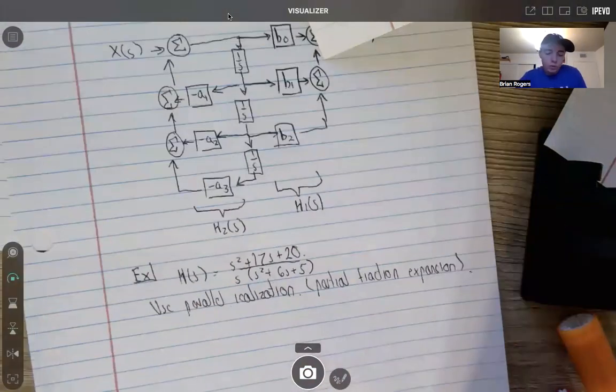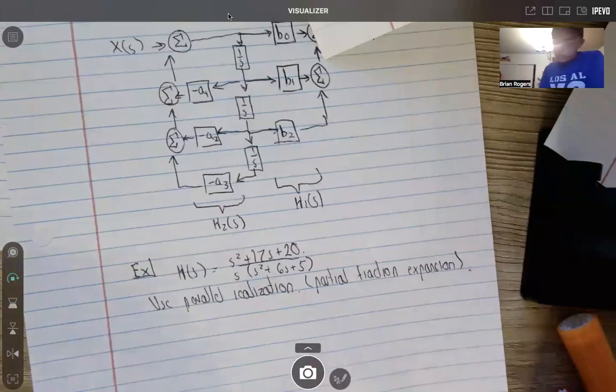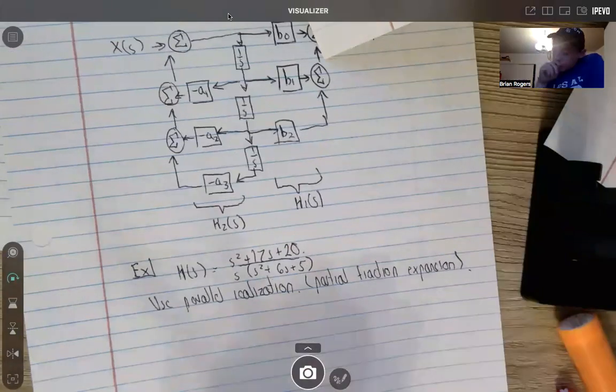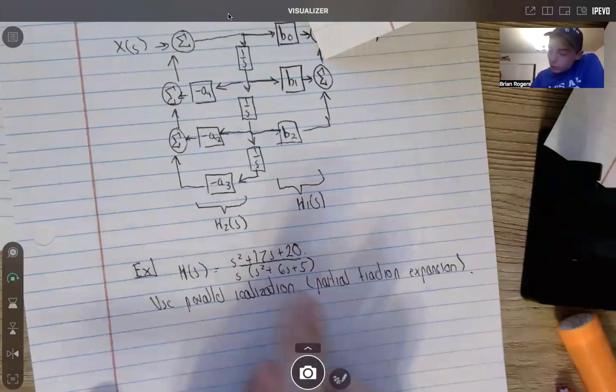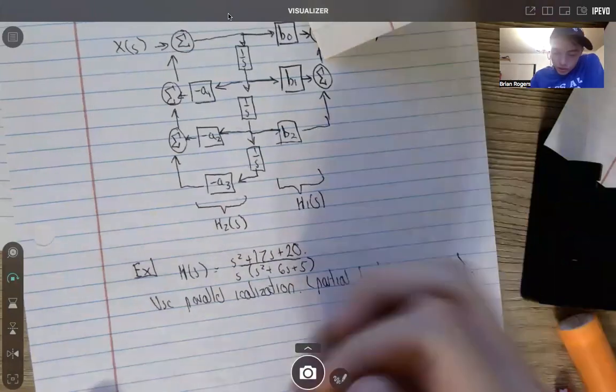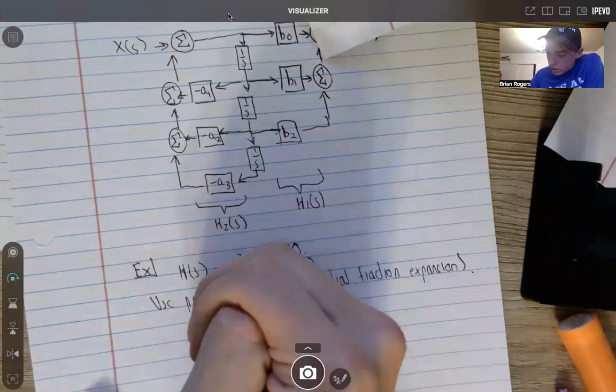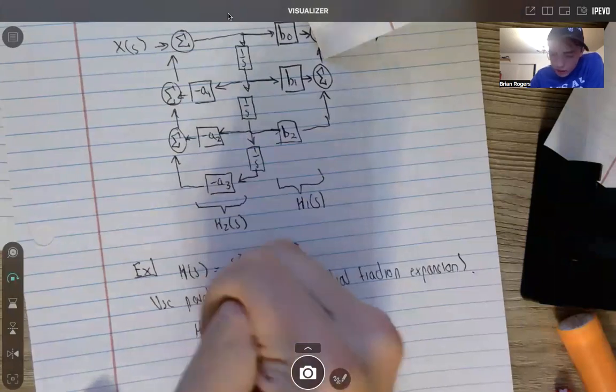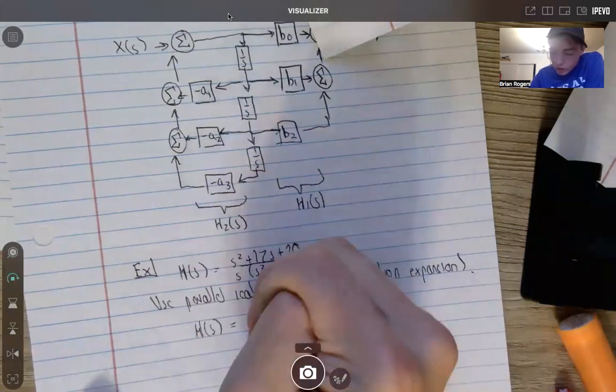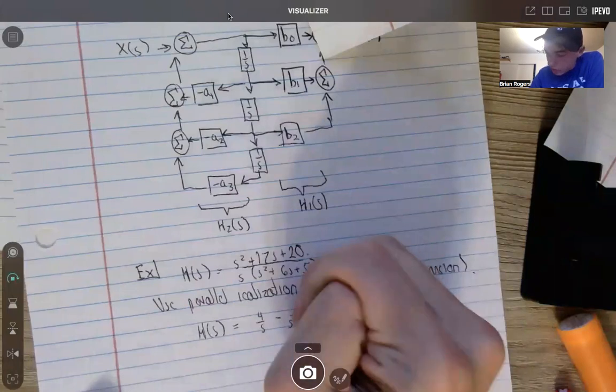And so what we're going to see here is if you use partial fraction decomposition, for your transfer function H of S, you would get 4 over S minus 1 over S plus 1 minus 2 over S plus 5.